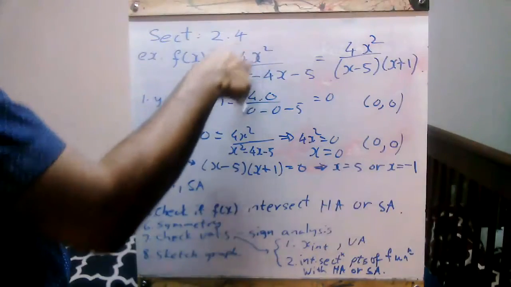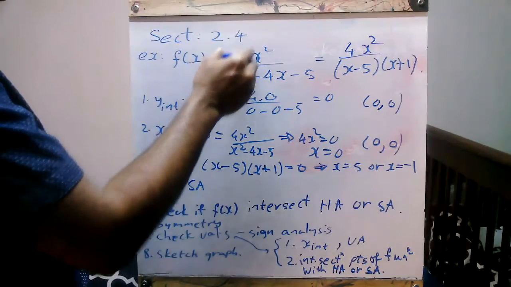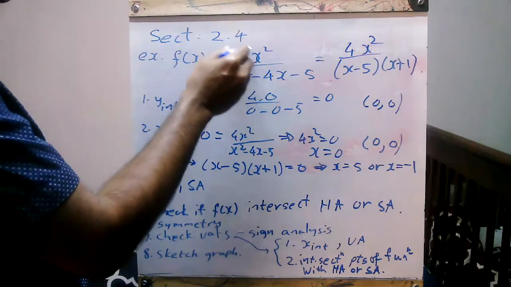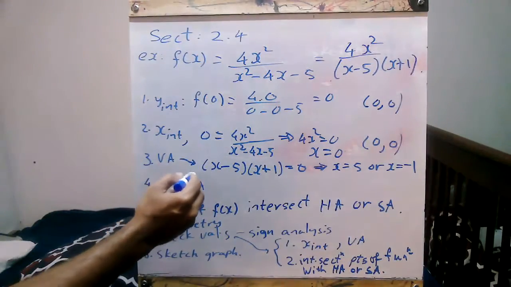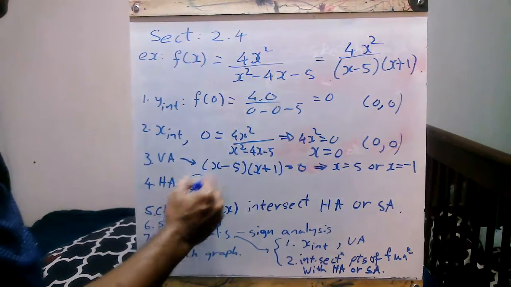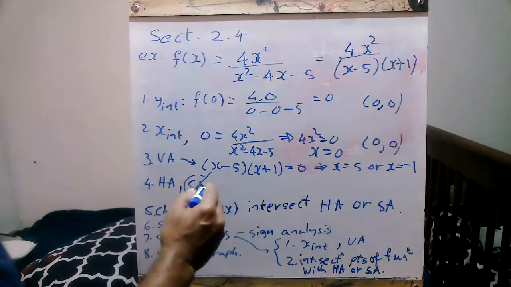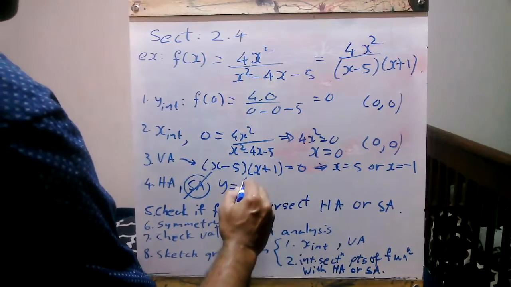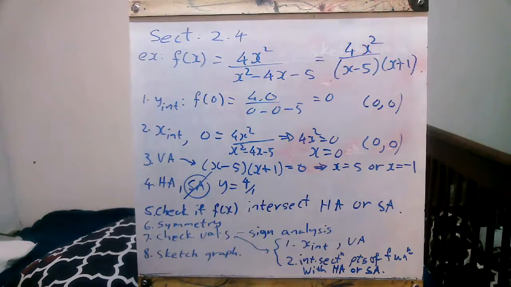If the degrees are the same on numerator and denominator, it is the ratio between their coefficients, which is 4 over 1. So the horizontal asymptote is y equals 4 over 1, which means y equals 4.